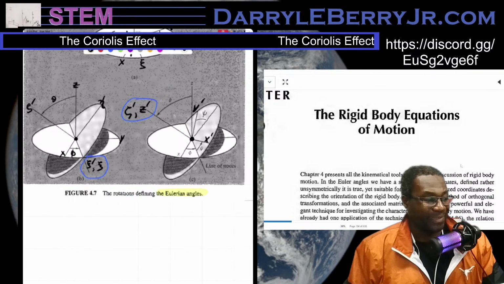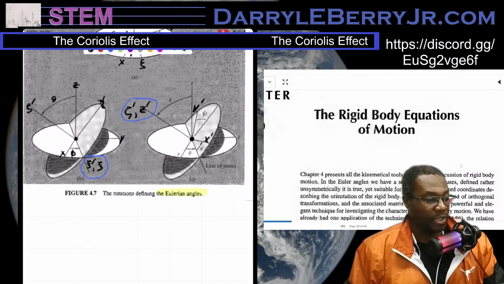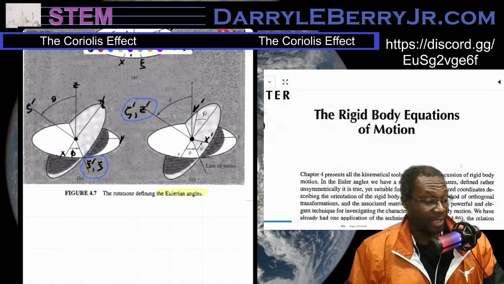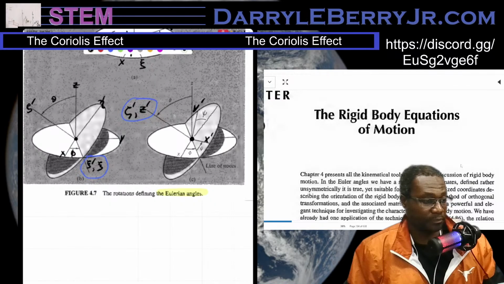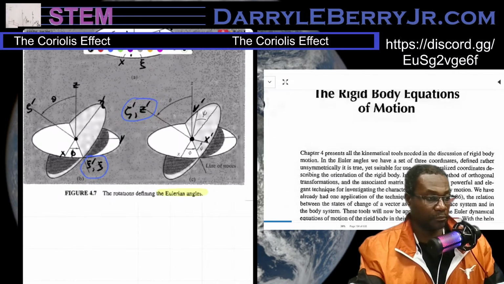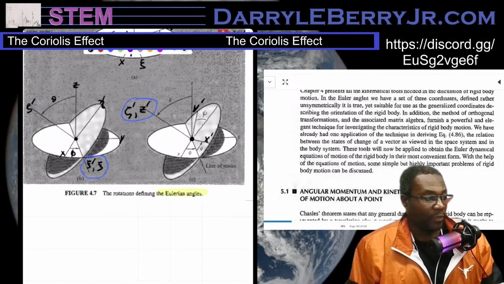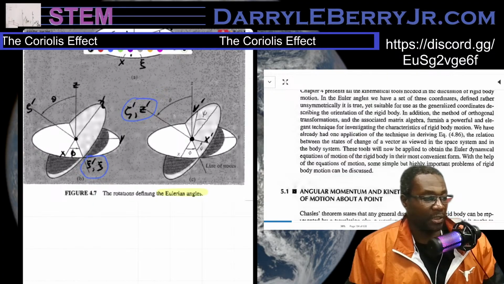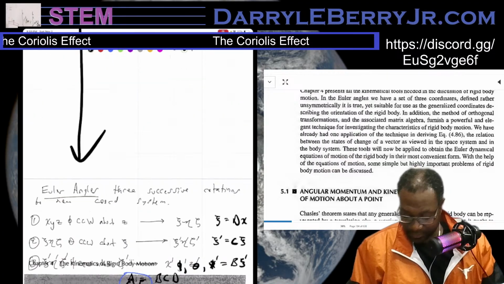In addition, the method of orthogonal transformations and the associated matrix algebra furnish a powerful and elegant technique for investigating the characteristics of rigid body motion. We have already had one application of the technique in deriving equation 4.86.